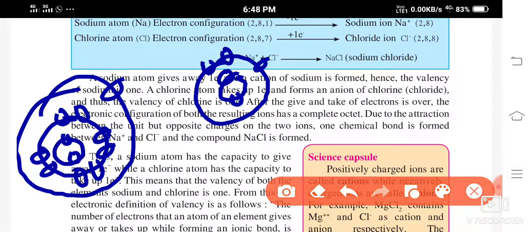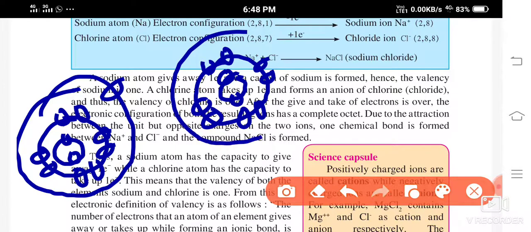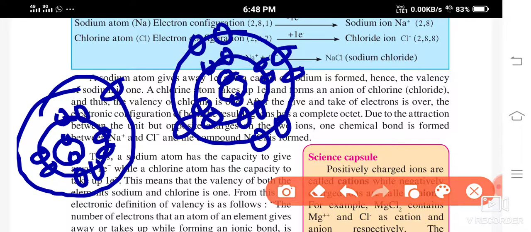8 electrons in this, and in the third one, 1, 2, 3, 4, 5, 6 and 7. Now you can see, giving away this 1 electron is easier for this sodium, right?